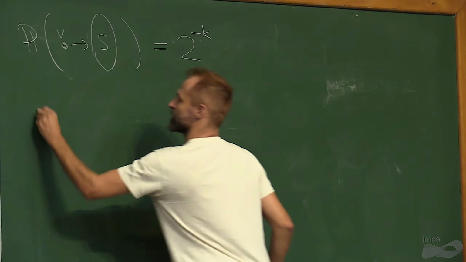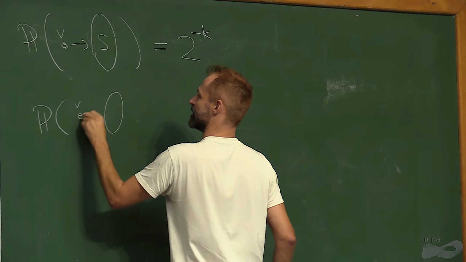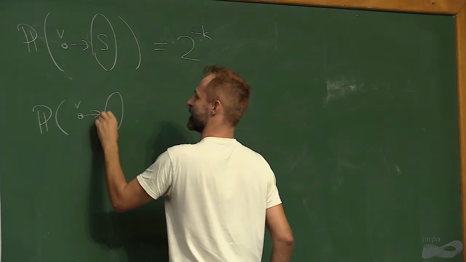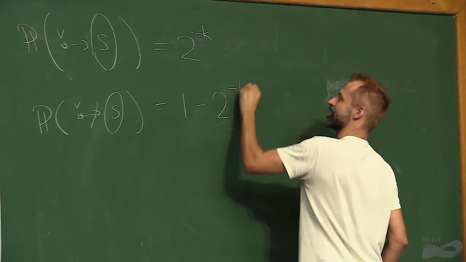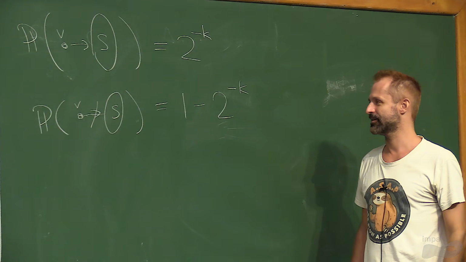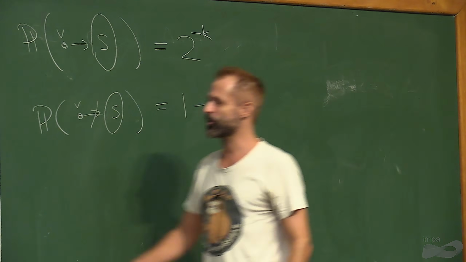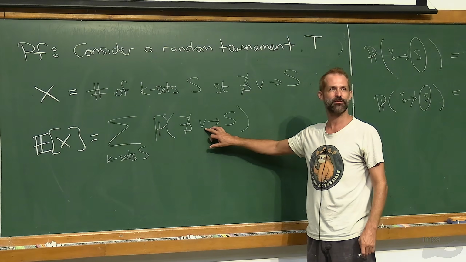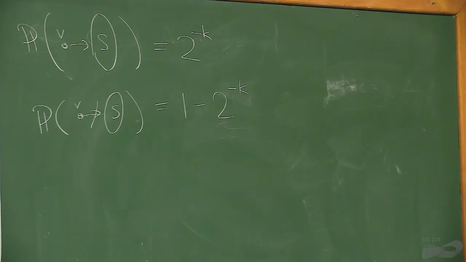So the probability that V does not arrow S is 1 minus 2 to the minus k. And we want that to be true for every vertex outside S. For every vertex outside S, the edges between V and S are all disjoint, all different.